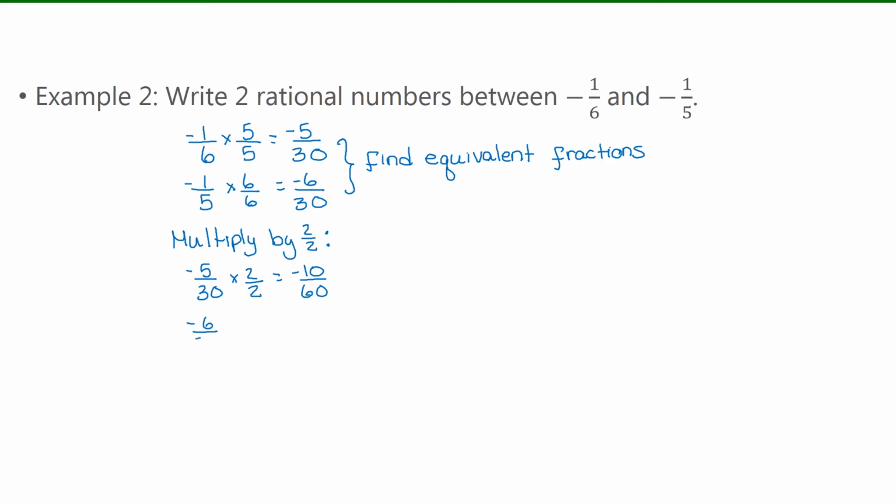And do the same for -6/30, -12/60. Now, between these two fractions here, I can find a fraction in between, -11/60, but I can only find one. The question did want me to find two fractions in between.